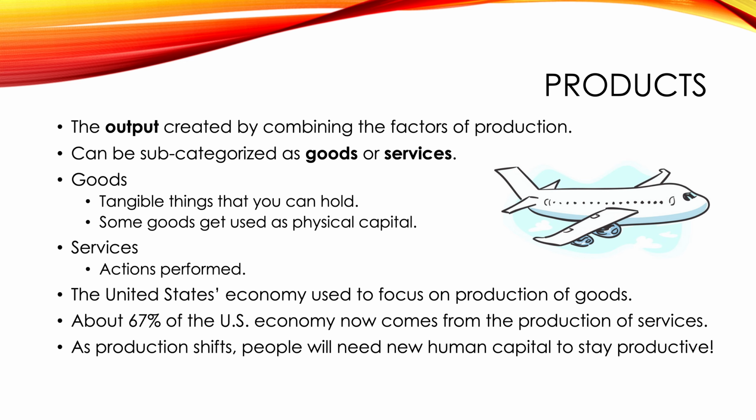So in order to stay productive and earn money and keep a good standard of living, people are going to need to be adaptable and be able to absorb new human capital, and that's going to become particularly important when we talk about productivity.